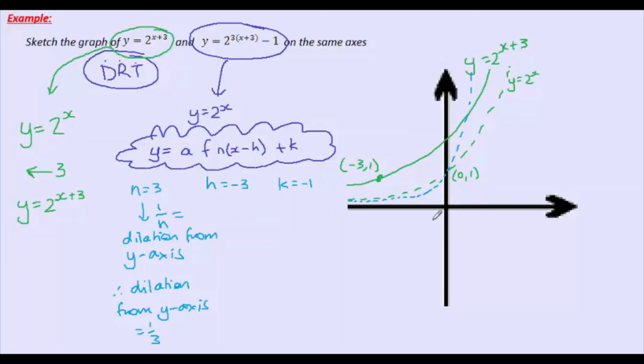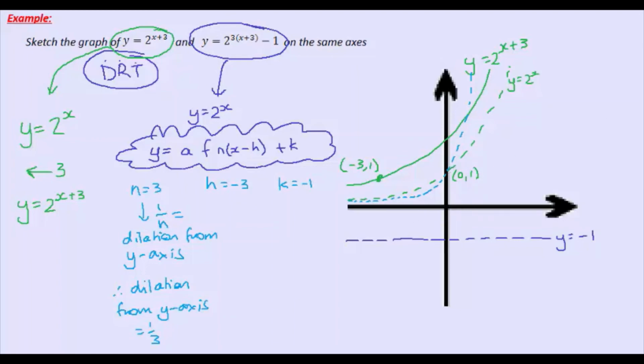Now the next thing I'm going to do is I'm going to move this across by 3 units and down by 1. So my new asymptote is going to be at y equals -1. And I'm bringing this function down and across.